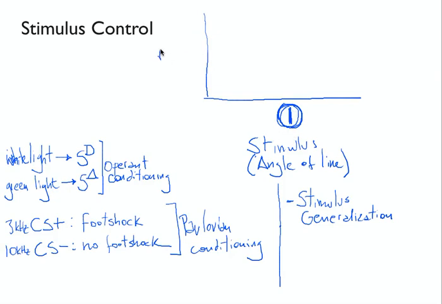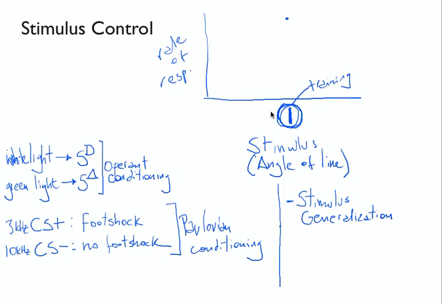And this is rate of responding. And because the animal has been trained on this particular stimulus, pecking when this stimulus was on resulted in a high rate of responding.